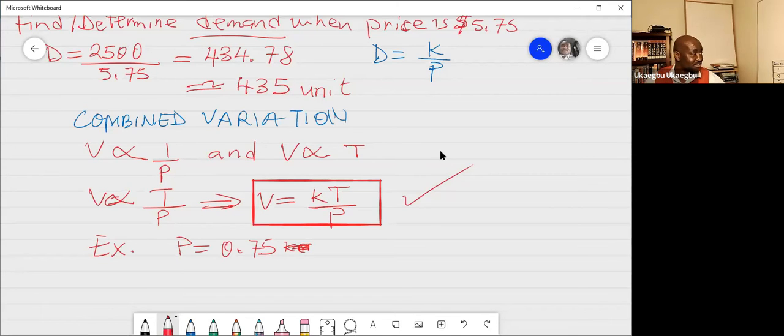And the temperature is 294 K, and the volume is 800 cubic centimeters. So now let's determine K, given all these numbers.